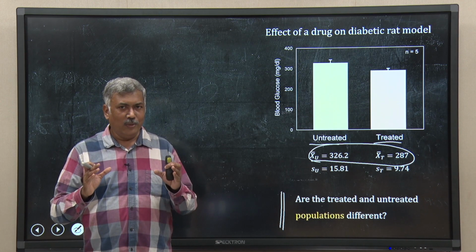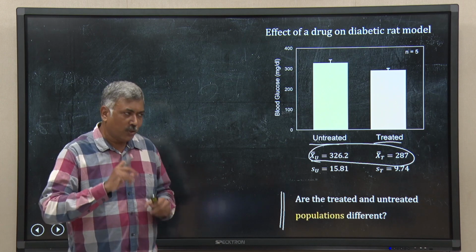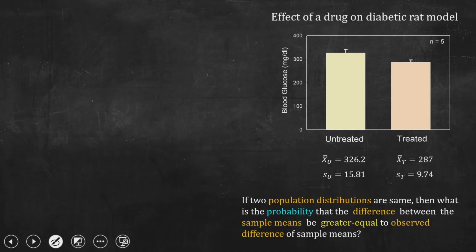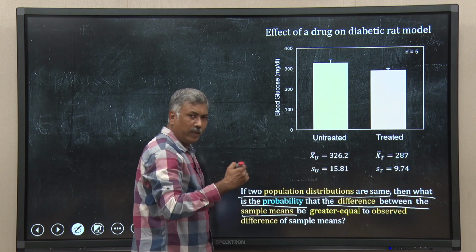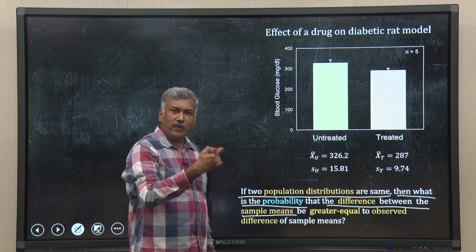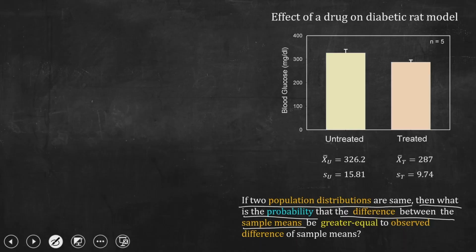It is a bit tricky, right? We have inverted the problem almost, right? So, just try to follow it once again. What I am saying is, if two population distributions are the same, this is my assumption, then what is the probability that the difference between the sample means, when you take new samples and calculate the difference in their means, will be greater than or equal to the observed difference of sample means?